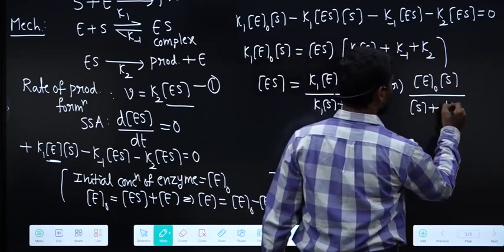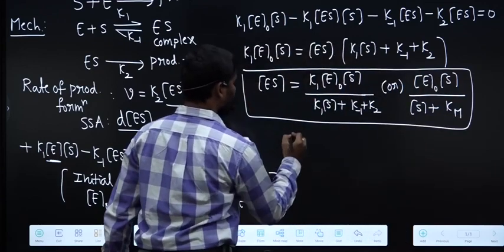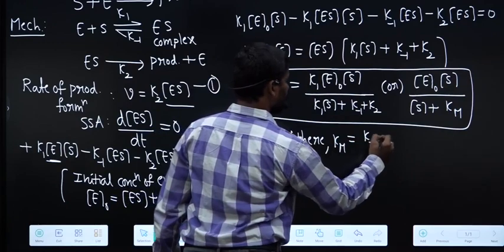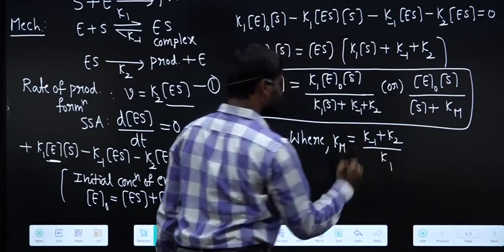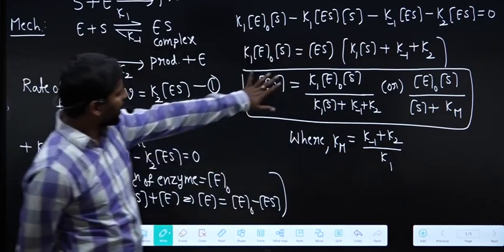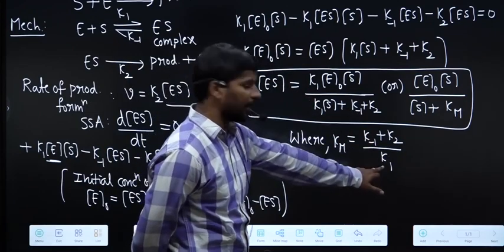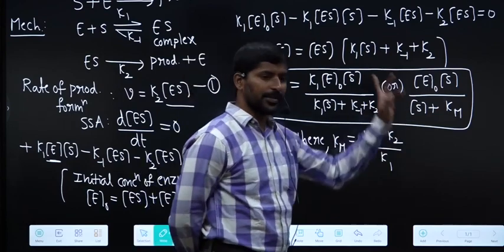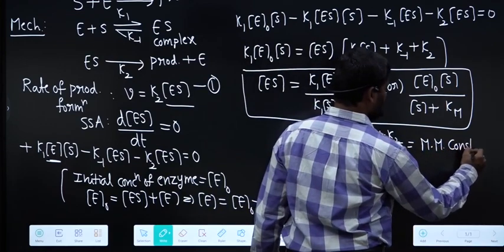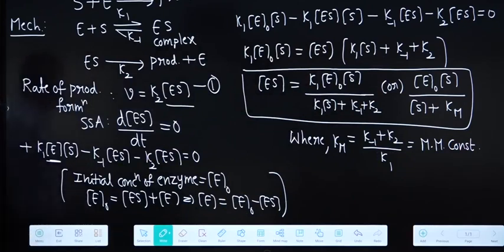All those are constants, and they are taken as Km, where Km is equal to K minus 1 plus K2 by K1. That is called the Michaelis-Menten constant or Michaelis-Menten coefficient.